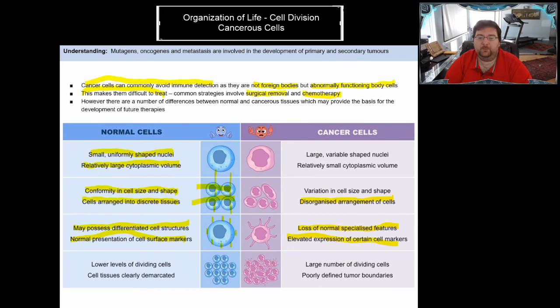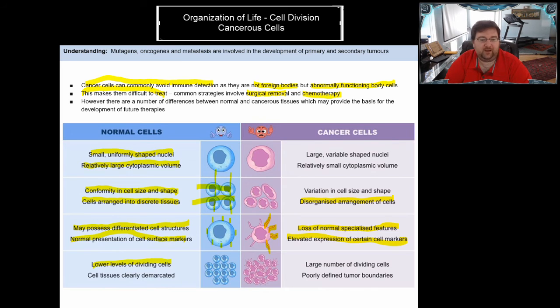The markers on the outside are going to be unhealthy. They're not going to be what's supposed to be there. Okay? So some cell markers are going to be expressed at higher levels.